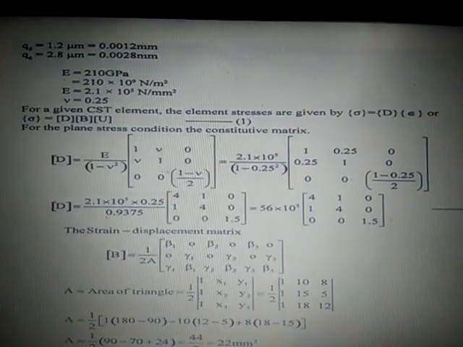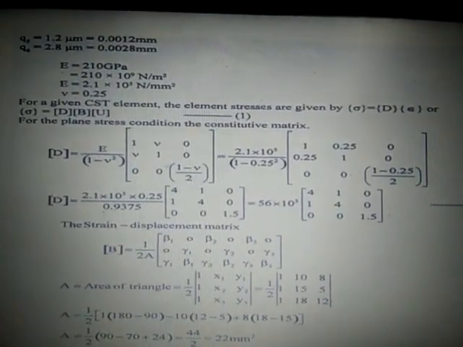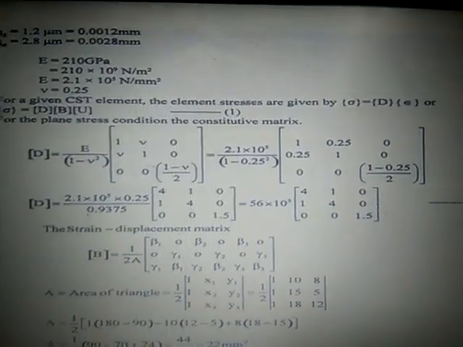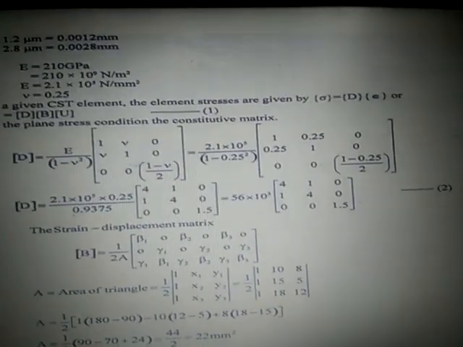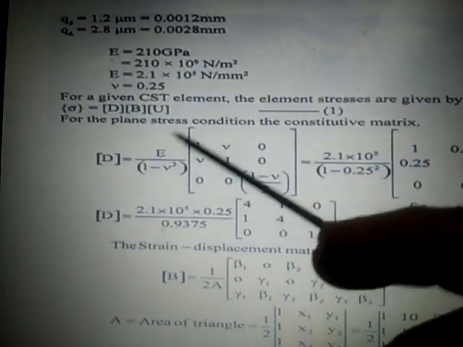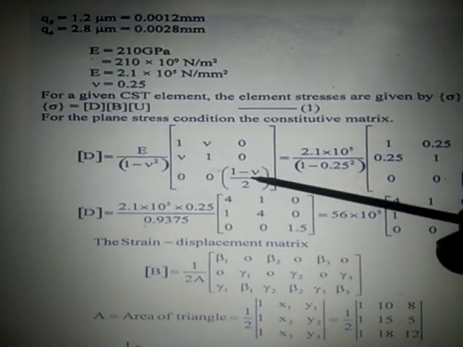We call it the D matrix, and therefore sigma is D B u for the plane stress condition, and using the constitutive matrix, D is a standard matrix: E divided by 1 minus mu square, times 1, mu, 0; mu, 1, 0; 0, 0, (1 minus mu) by 2.